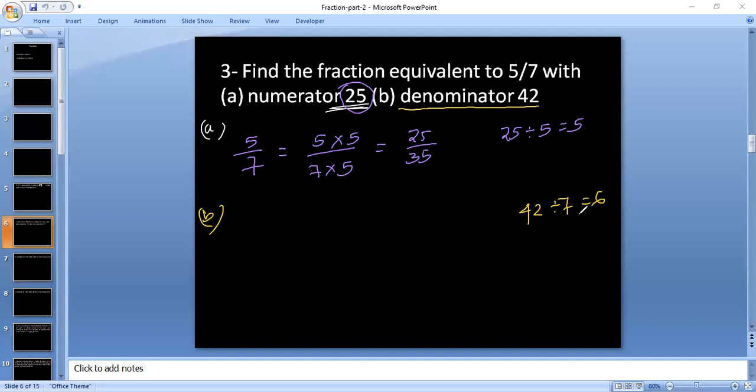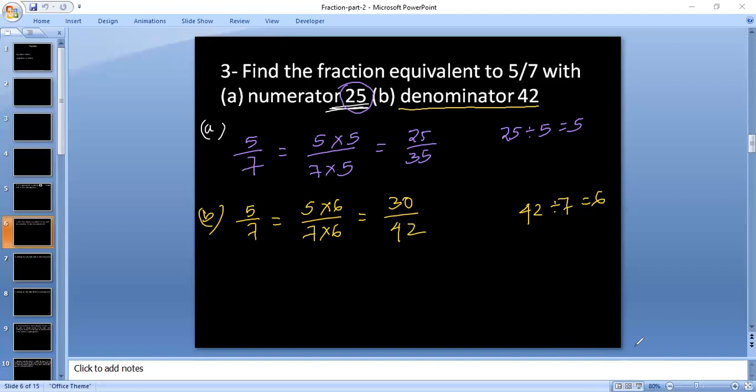So 6 will be multiplied both in numerator and denominator. Simple, right? 5 by 7 is equal to 5 into 6 by 7 into 6. Now we will get 30 by 42. Is it amazing? Okay, then we go to the next number.